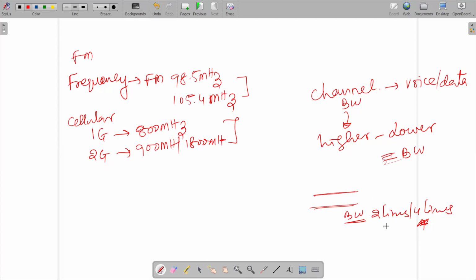If it is 2 lanes, fewer. Even a single lane road will be a smaller road, so very few vehicles can travel through a single lane, a little more on two. If 6 lanes, then you can say there will be no traffic. So bandwidth is also defined like that.